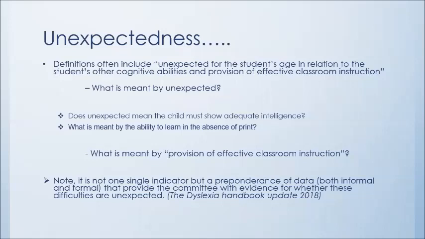Unexpectedness. Definitions often include unexpected for the student's age in relation to the student's other cognitive abilities and provisions of effective classroom instruction. What is meant by unexpectedness? Does the unexpectedness mean the child must show adequate intelligence? What is meant by the ability to learn in the absence of print?